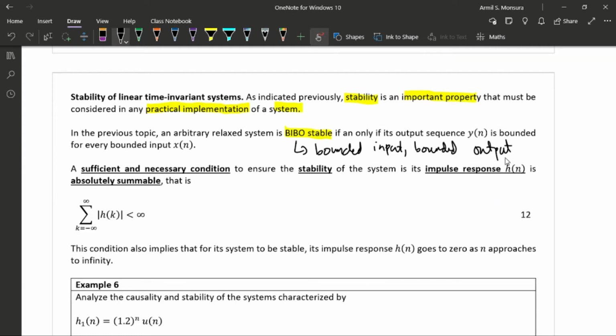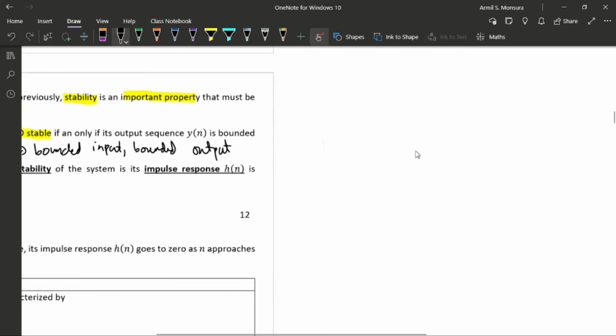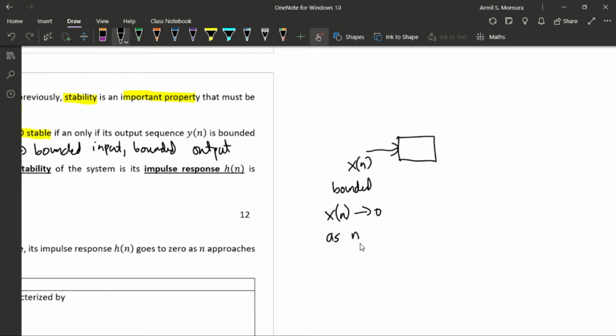It means that you have a system that is fed by an input sequence that is bounded. When you say a sequence is bounded, it means that your input sequence eventually becomes zero as your n, on the positive side or on the negative side, becomes very large. That's an indicator that your x[n] is bounded.